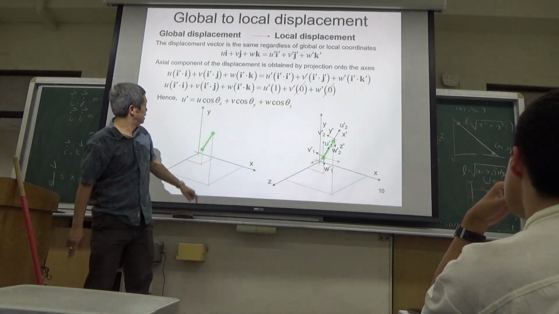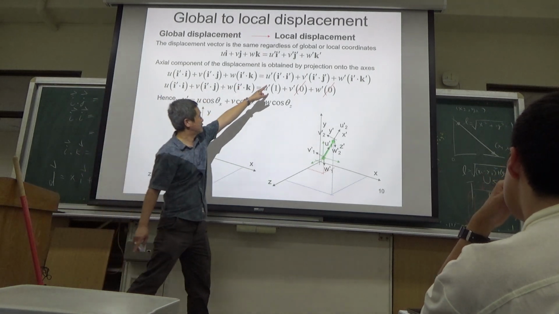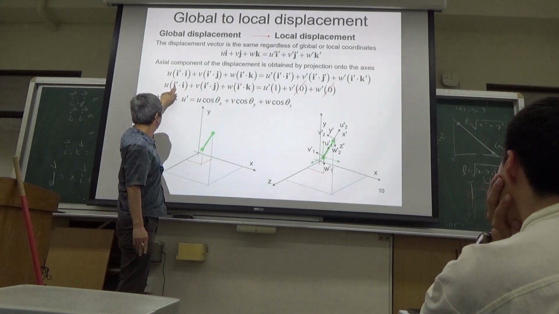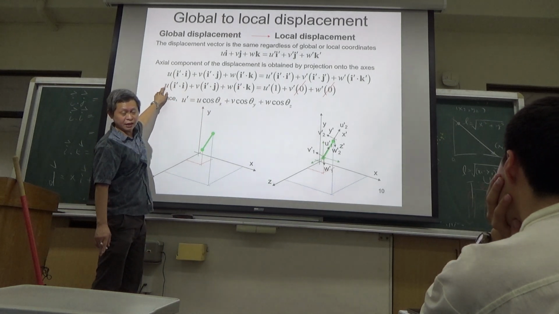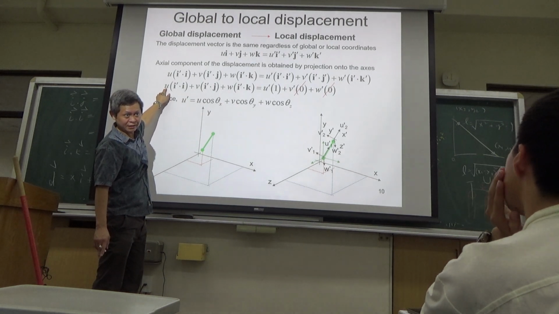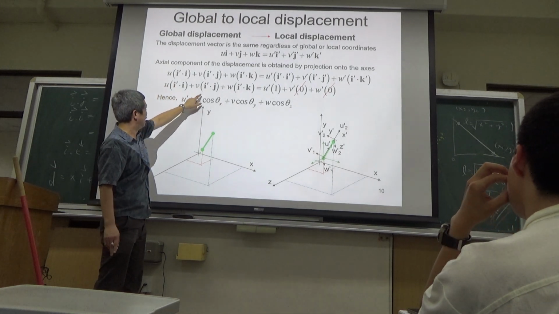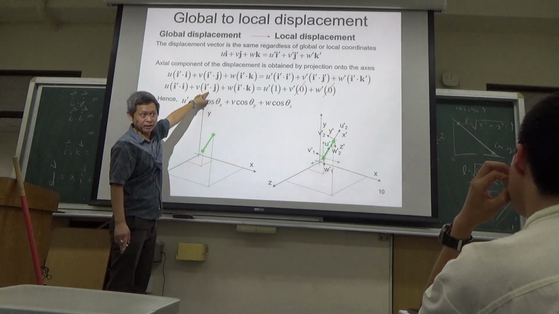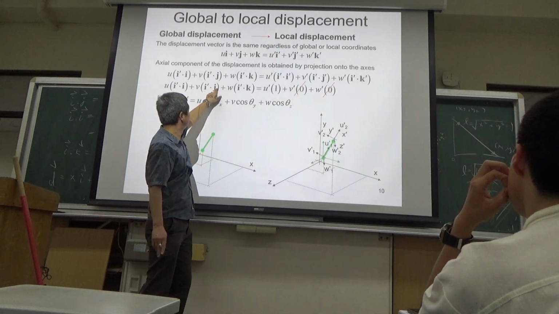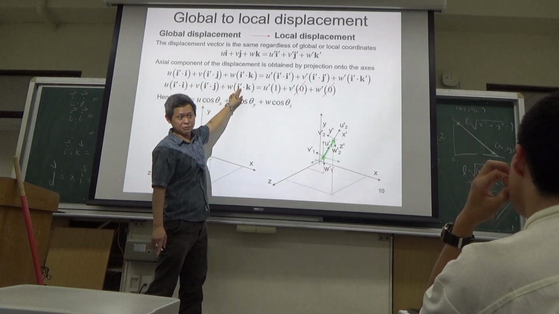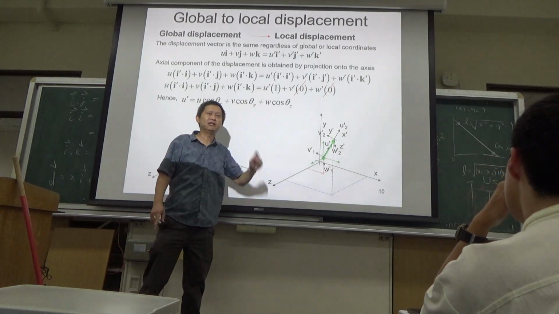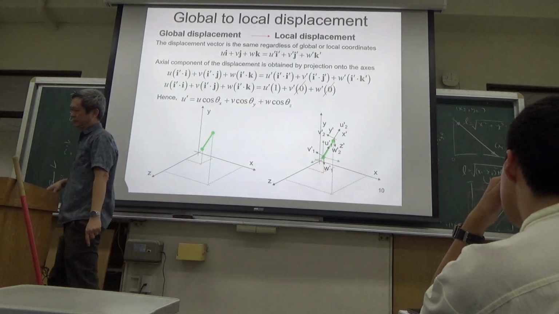And then this operation will tell you, in the end, so long as you projected the displacement in the x direction into the axis, and you projected the vertical displacement to the axis, you projected the depth displacement into the axis, you finally find the total displacement along the axis.